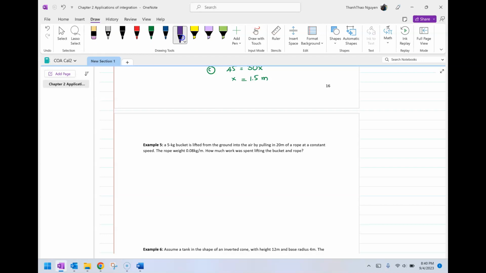So let's say this person is standing up here and he is pulling on a pulley that is holding a bucket, and we're told that this distance here is 20 meters.